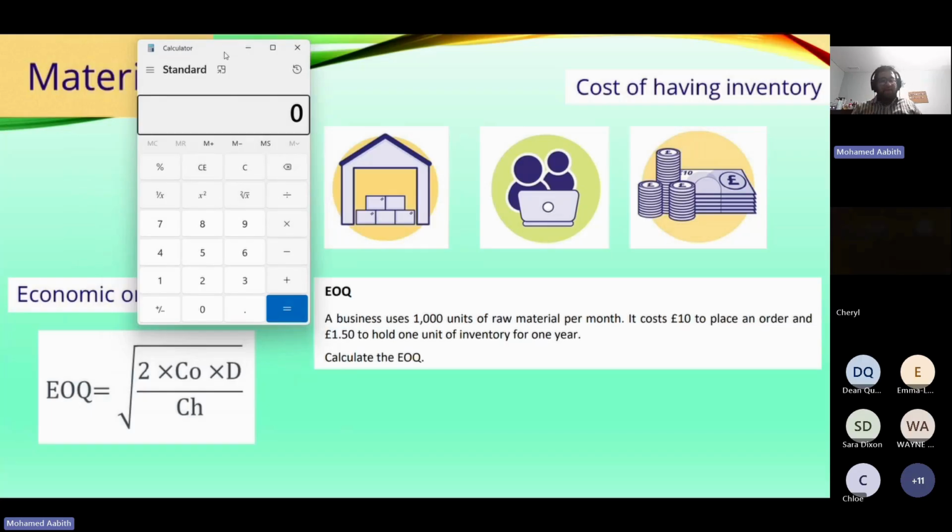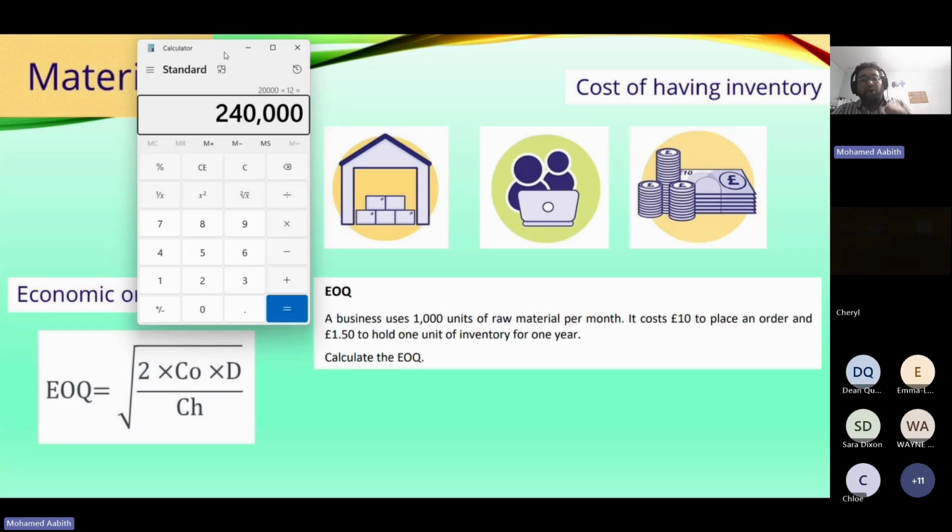Here, the formula is 2 times cost of ordering times the annual demand. We have to remember the cost of ordering here: per order, it's £10. So I'm going to do 2 times 10 times the demand. Per month is going to be 1,000 units, but that is per month, isn't it? So we multiply by 12 to find the annual demand.